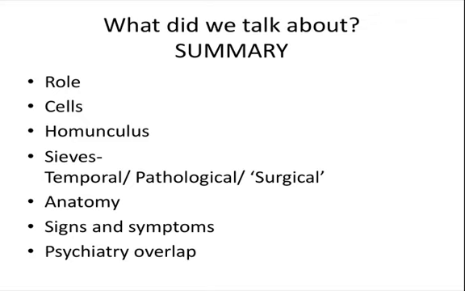So, I hope that's all come together a little bit more for you now. So what did we talk about? We spoke about the role of the brain and the CNS and the peripheral nervous system. We spoke about the individual cells that were involved, neurons and the glial cells.